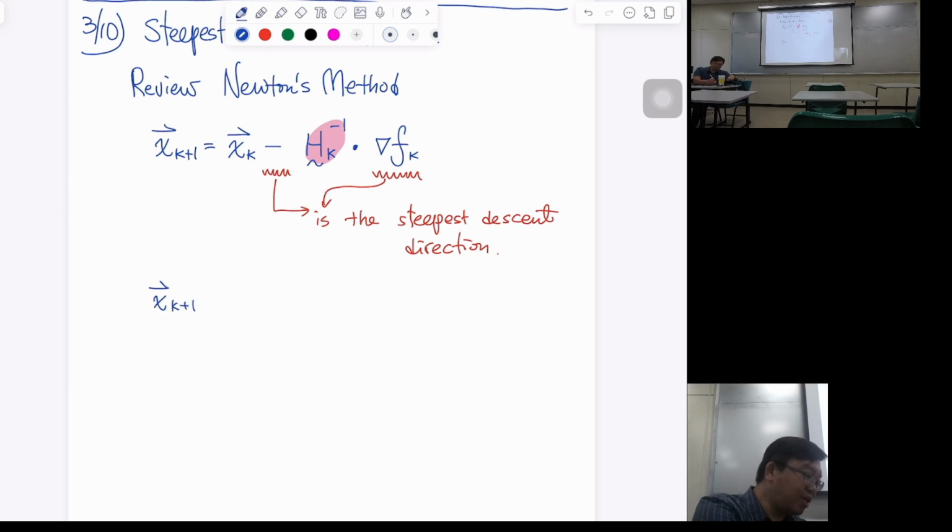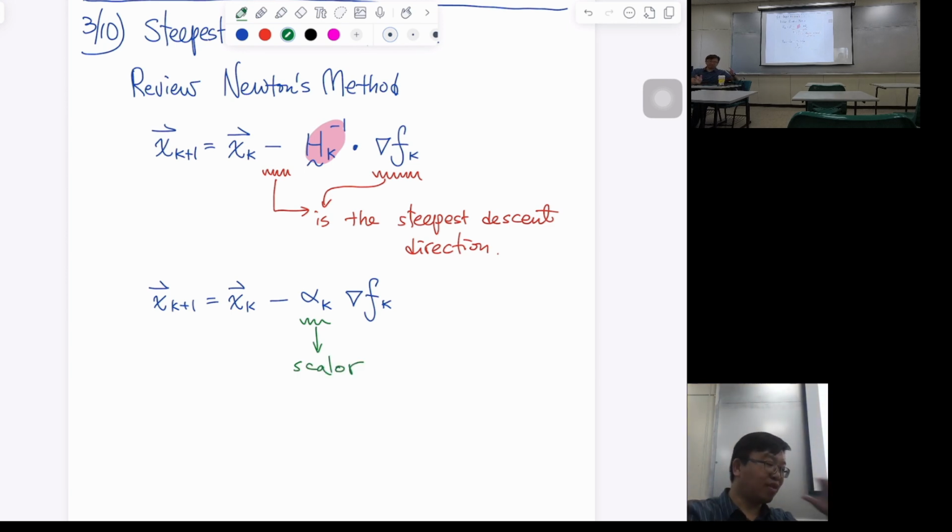So what's happening is we introduce a parameter alpha. This is a scalar, basically a number, and we usually call it the step size.